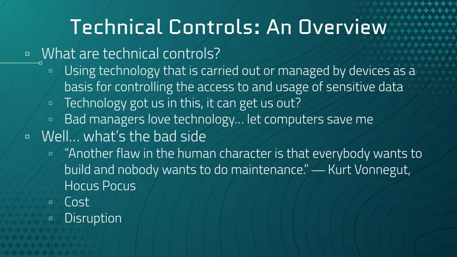One common belief out there is that technology got us into this mess, and technology can get us out of this mess. However, bad business practices override good technology all the time.